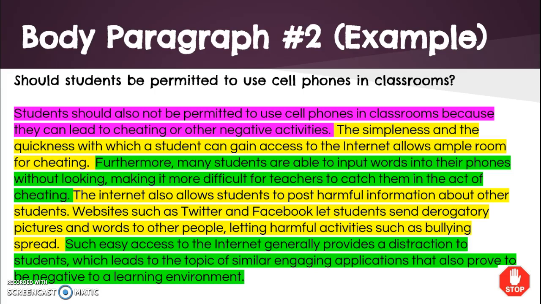It's answering the second point that was put forward in my thesis statement, that cell phones should not be allowed because they can lead to cheating or other negative activities. But in this case, I had a piece of evidence, and then I had commentary. Then I had another piece of evidence and another piece of commentary. Both example paragraphs are appropriate as long as you have your claim, you have evidence to support that, and a commentary that is an analysis of how that evidence supports the claim.